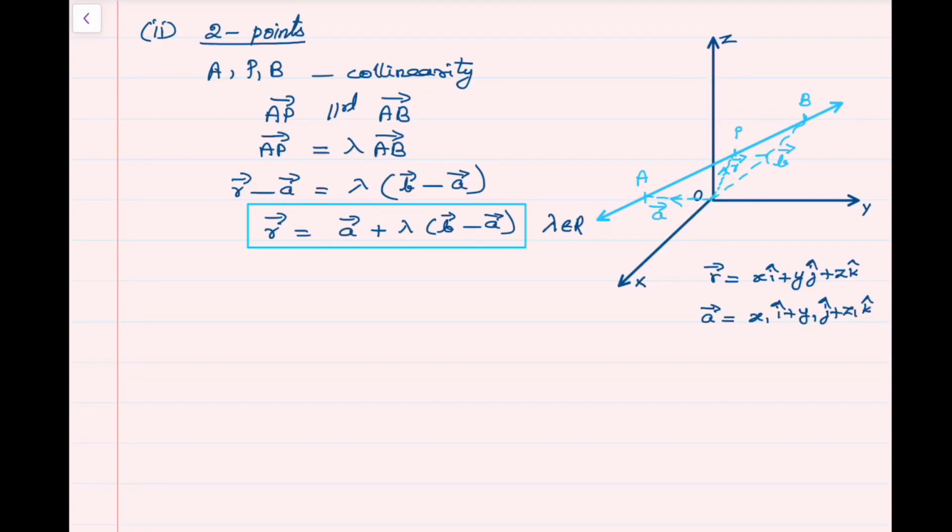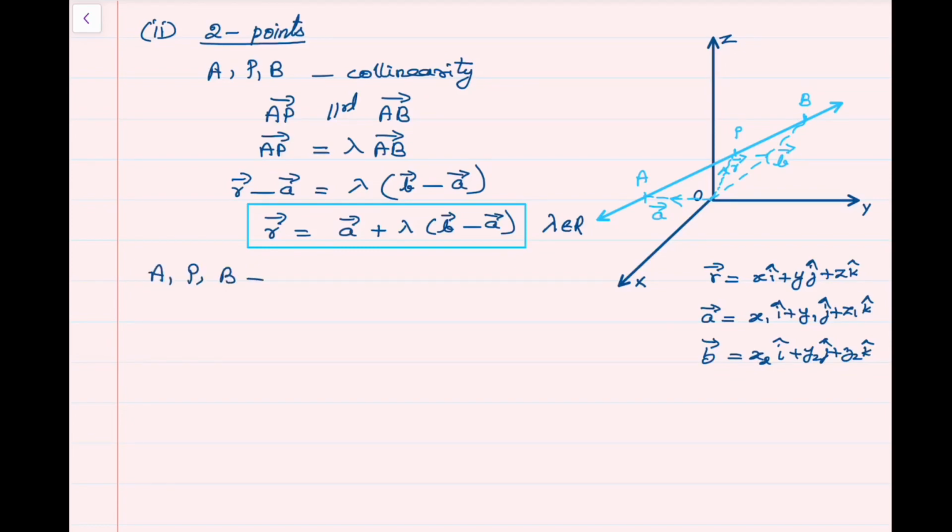If points are given, we always write in terms of x, y, z, and if directions are given, we write them in terms of a, b, c. And let the position vector of the point B be vector B, which is x2 i cap plus y2 j cap plus z2 k cap. In this case, vector B is a point on the line, whereas in the previous case, vector B was a vector parallel to the line.